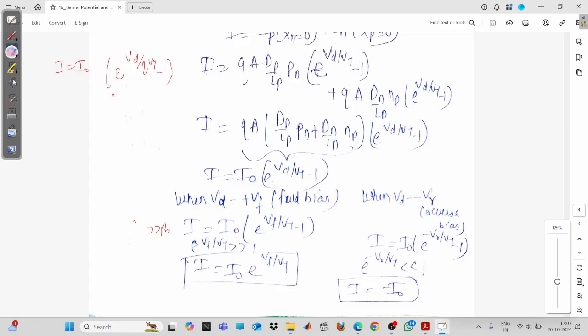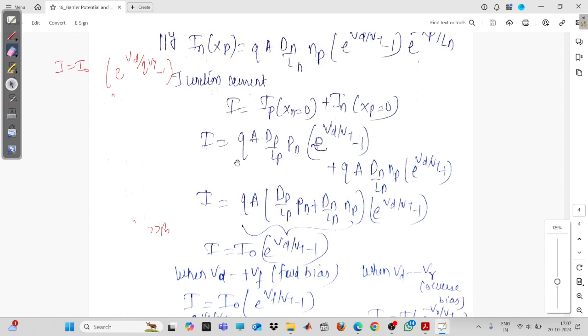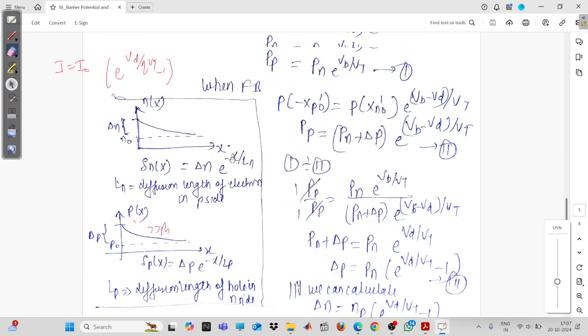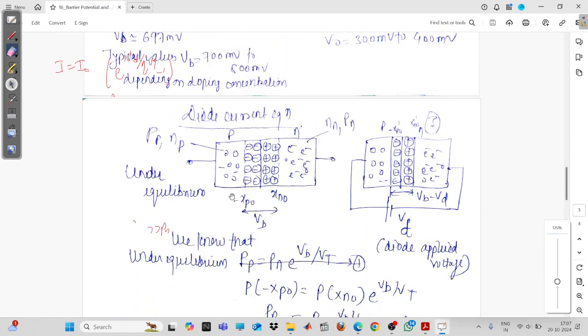So what is going to happen now? We'll go to the PN junction diode. This is the PN junction diode in the no bias condition. Initially, when we join the p-type and n-type semiconductor, what is going to happen? These are the holes and this is the electron. Electrons will try to diffuse through the PN junction.